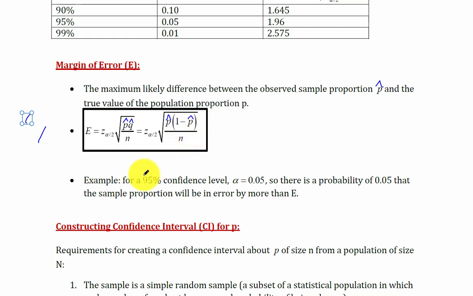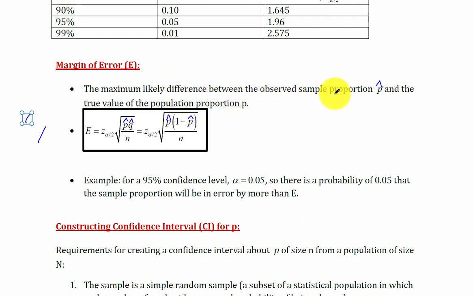Now for example, for a 95% confidence level, which is alpha 0.05, there is a probability of 0.05 that the sample proportion P hat will be in error by more than E, the margin of error. So that is what that means for the margin of error.